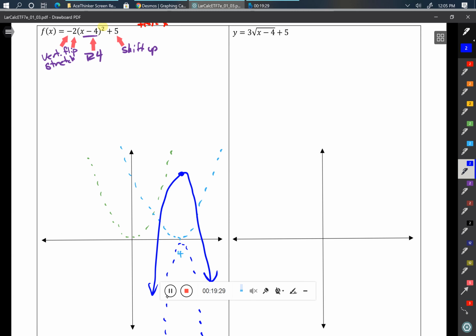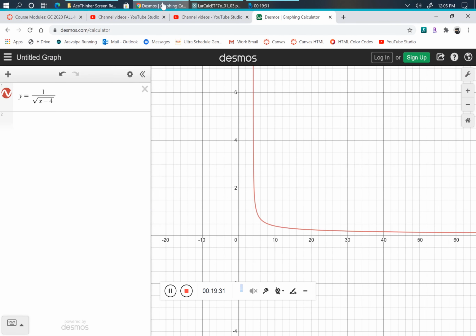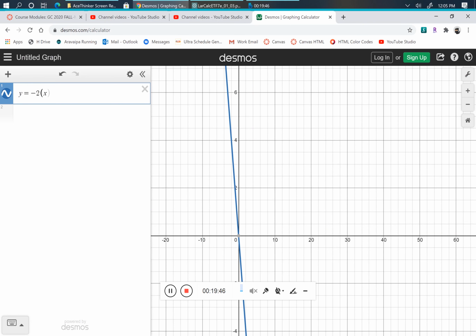Of course, if you're uncertain as to the accuracy of this, you can always just go over here and graph the thing and see what it looks like. So we have y equals negative 2 times the quantity x, was it plus 4 or minus 4? Y equals negative 2 times the quantity x minus 4, and then plus 5.